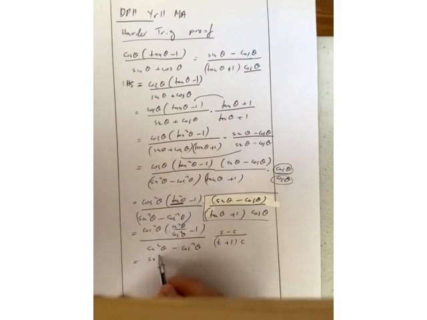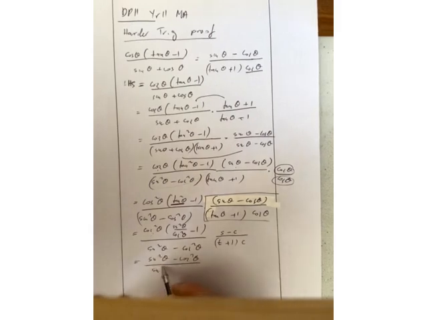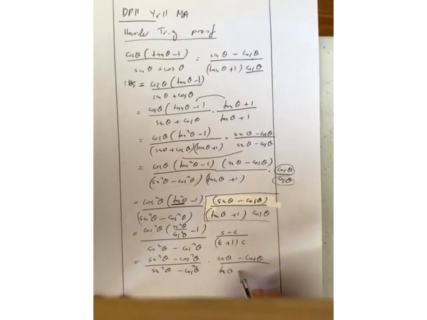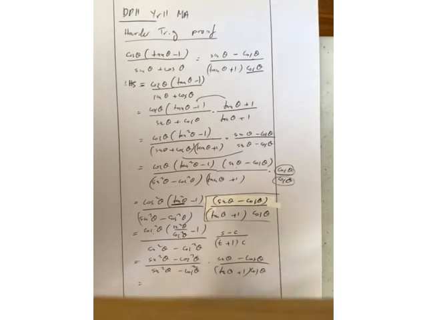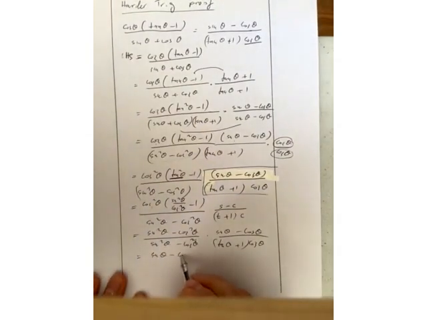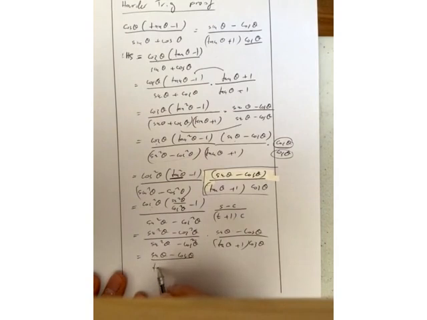And you end up with sine squared. Cos squared multiplied in, you get cos squared. And then that's on that, which is 1, and you're left with sine theta minus cos theta on tan theta plus 1 times cos theta. So this is 1. So that means you just end up with sine theta minus cos theta on tan theta plus 1 times cos theta.